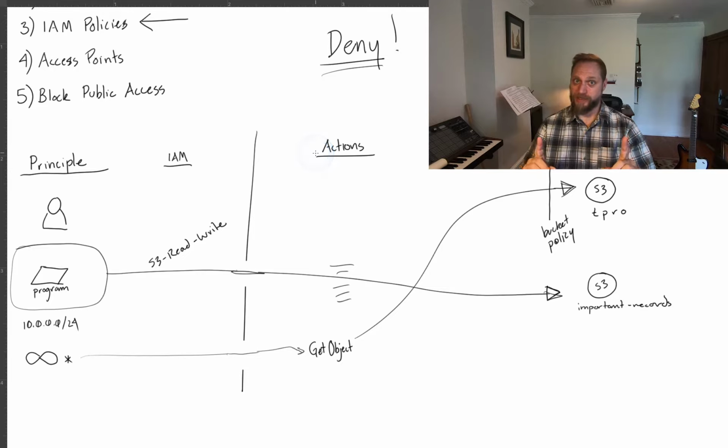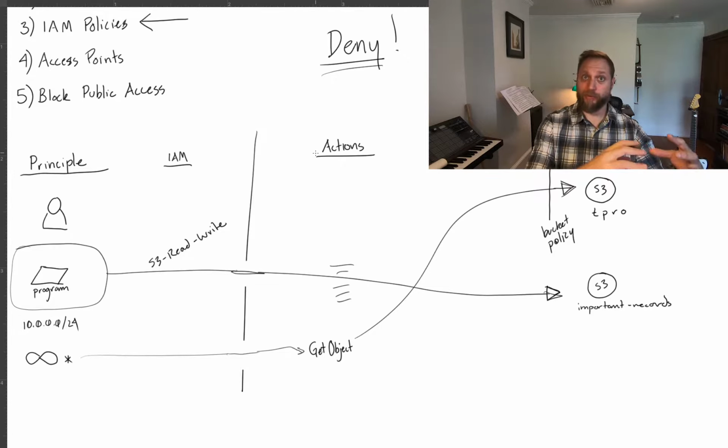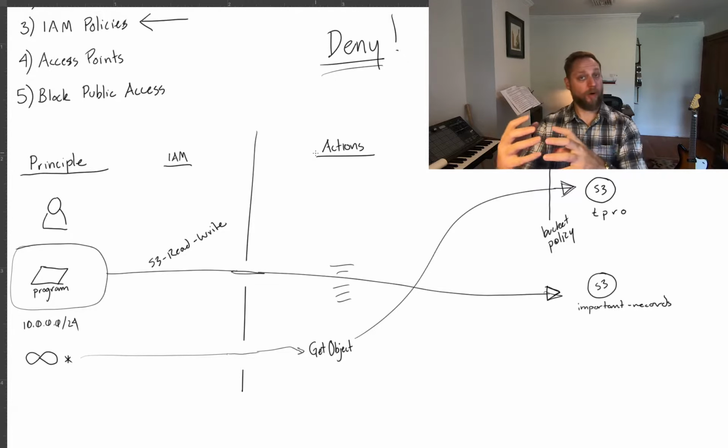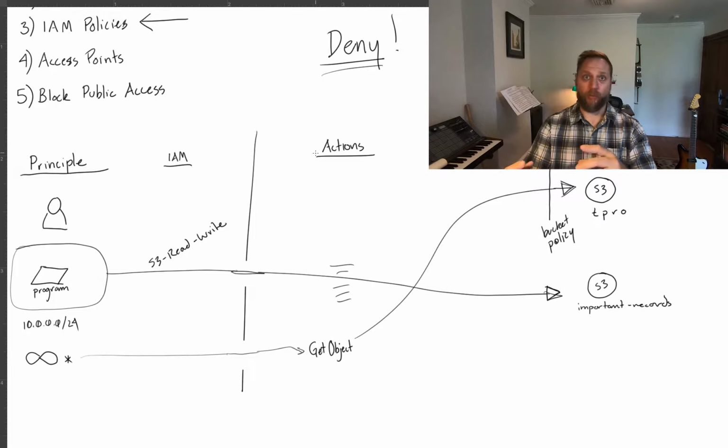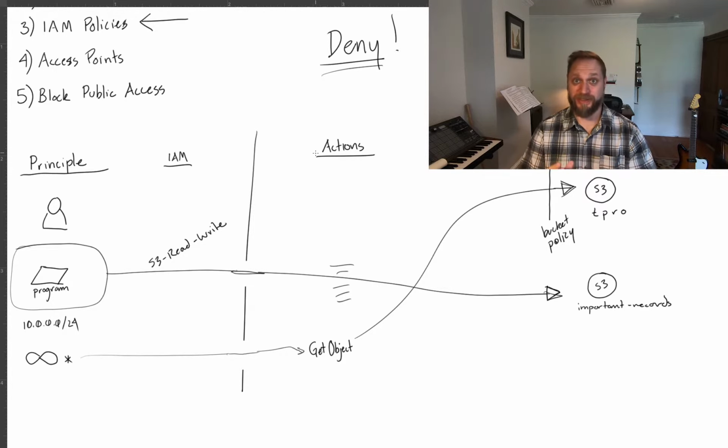There is one other concept that we didn't get into a whole lot called the context, which is when a principal tries to do an action on a resource, what IP address do they have? What are the other credentials they're carrying with them? What time is it? So context does matter too, but we can add that in later. The important thing here is understanding principals, actions, and resources.